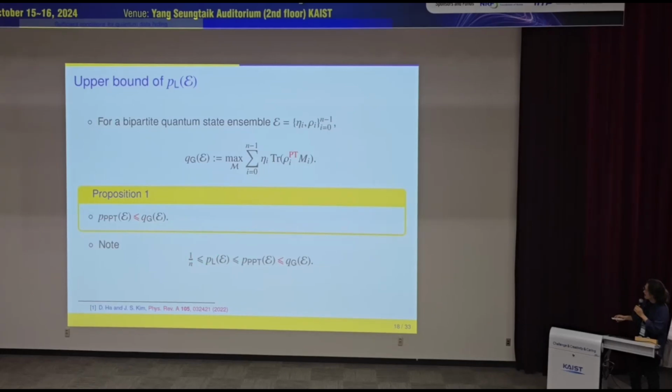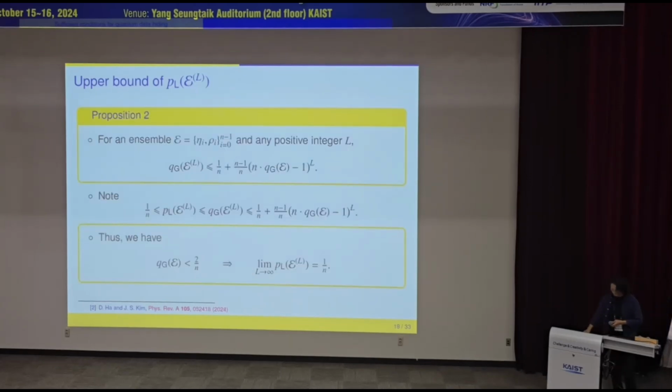So instead of randomizing this PR, we can randomize this quantity so that everything here will be equal to each other. And another inequality we could obtain about this QG is that for any ensemble epsilon, if we think about QZ of this epsilon L, which is the task of guessing the weight of the index, this is bounded above by this quantity.